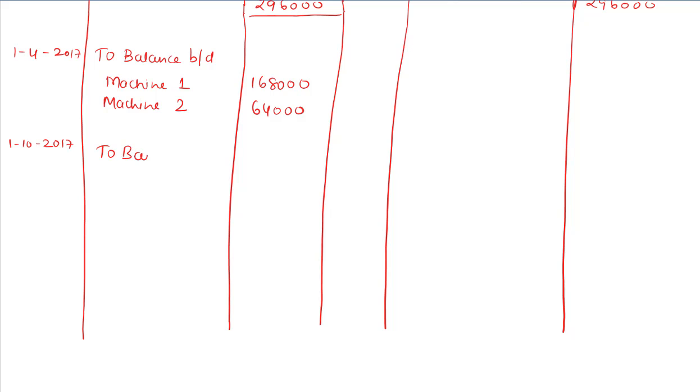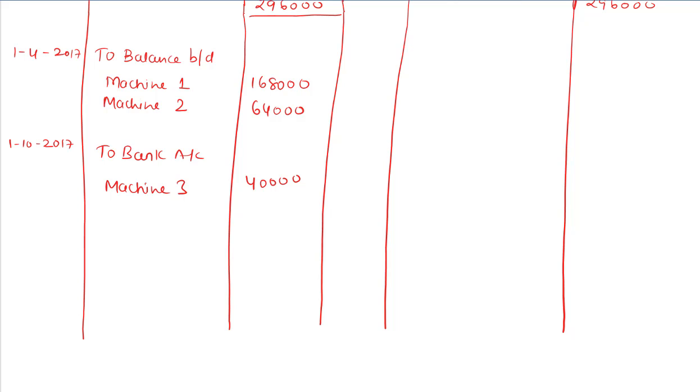Just write over here to bank account, third machine purchased, that is machine 3. The value of the machine is 40,000.